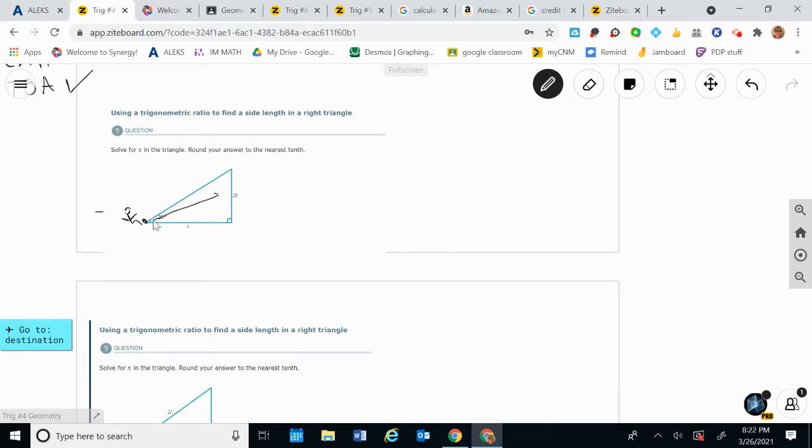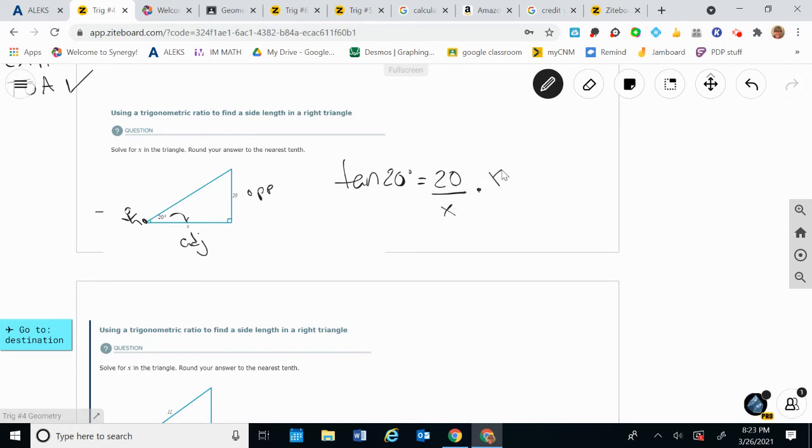We have opposite and we have adjacent. By the way, they really like tangent in general. So that is the tangent again. You're going to write tangent of 20, I believe that's what it was. Tangent of 20 is equal to 20 over x. Now we want to solve for x, and that's a problem because x is in the denominator.